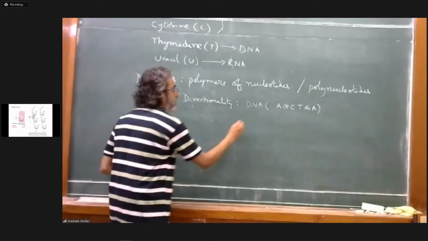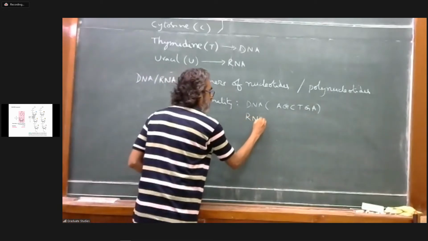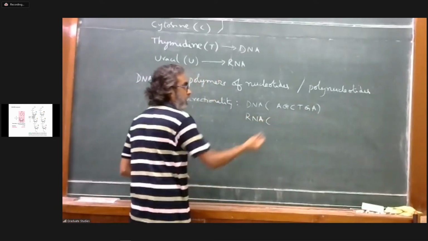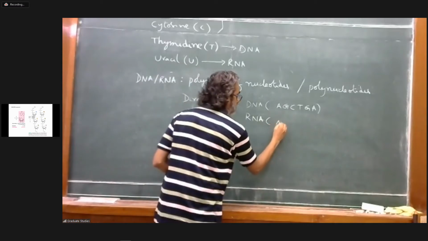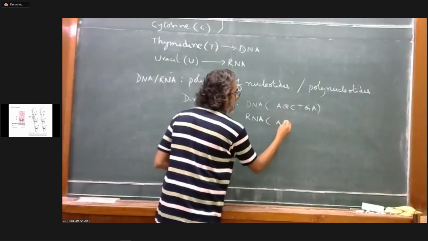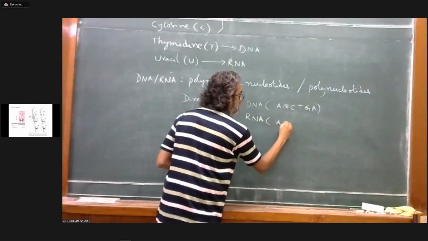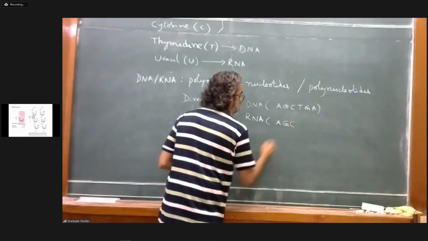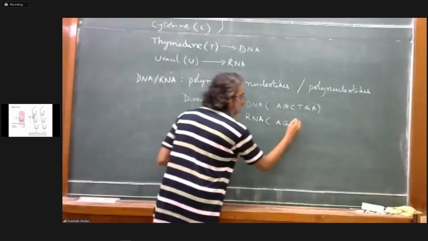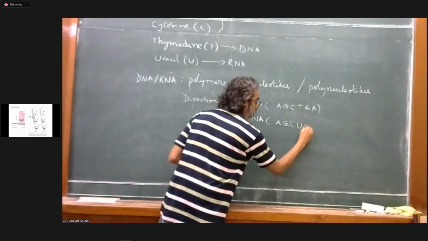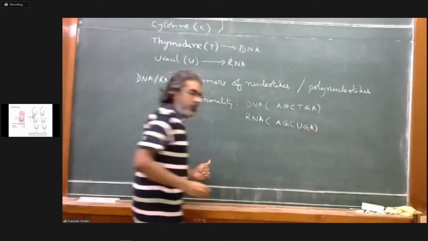Similarly, for RNA you can write an analogous sequence. Let's say you read A, then G, then C. RNA doesn't have thymines; in the place of T, let's say you have U.